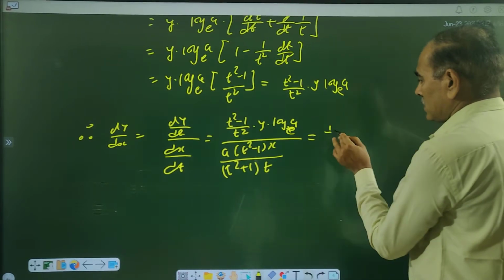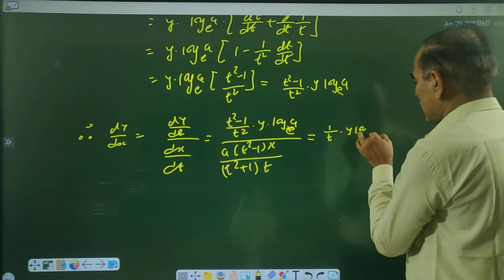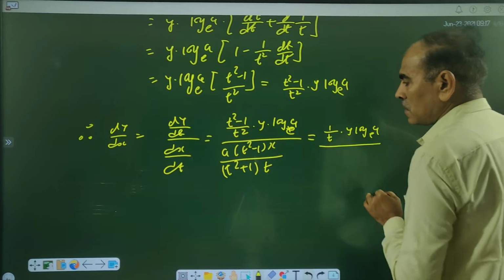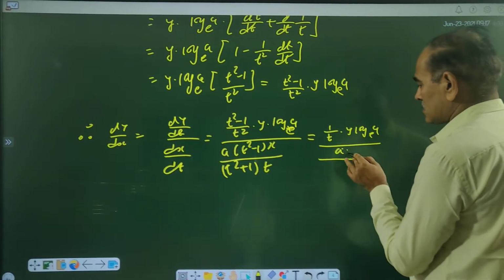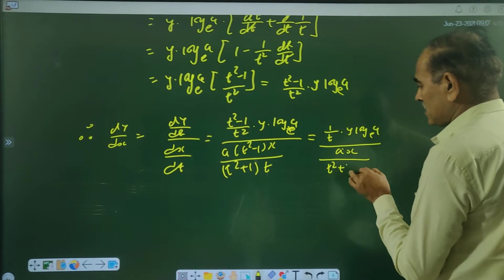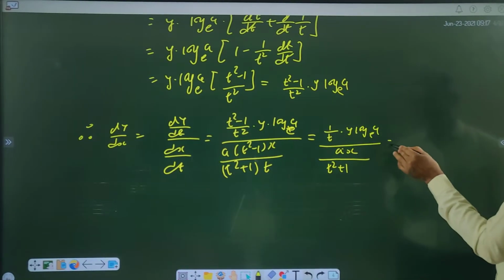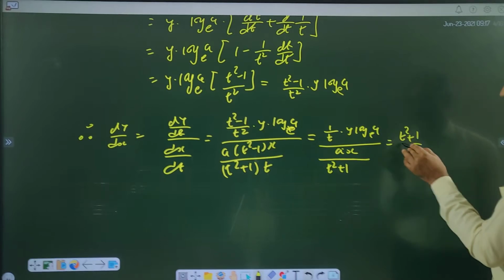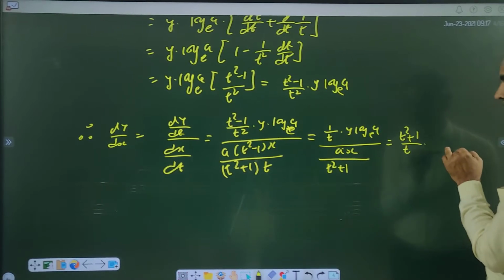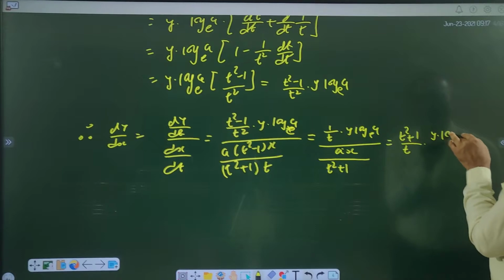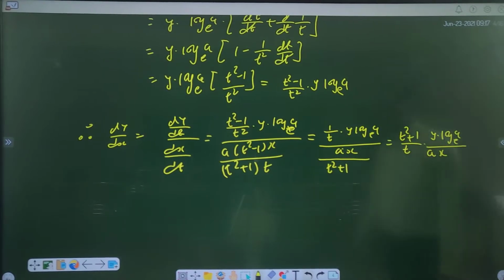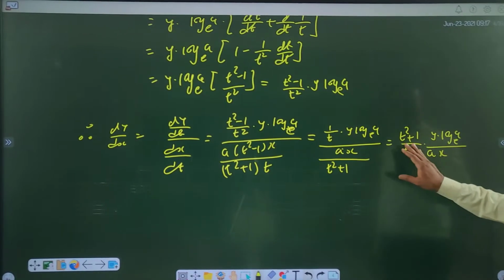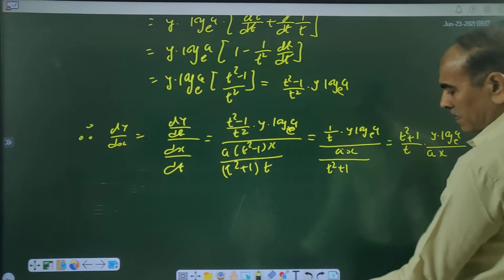So what we get here? 1 by t into y log a base e over a x over (t square plus 1). So that was in the numerator. What we get? (t square plus 1) into t, y log a base e over x. This is our answer. Here we can write t plus 1 by t also.